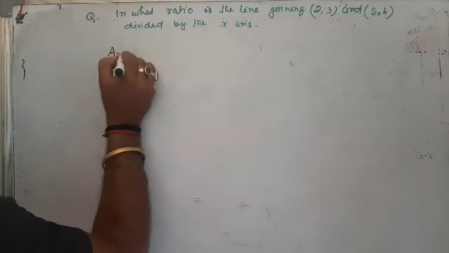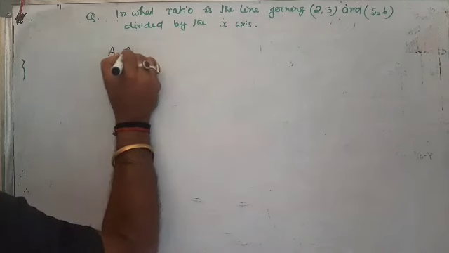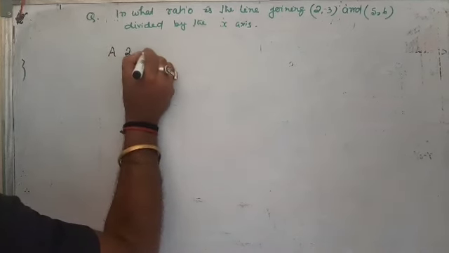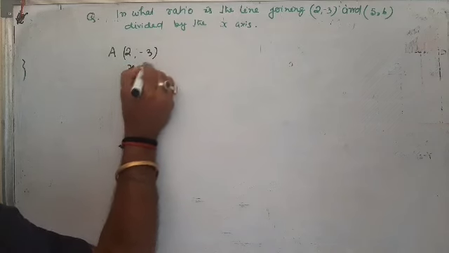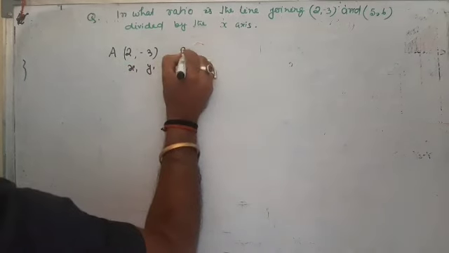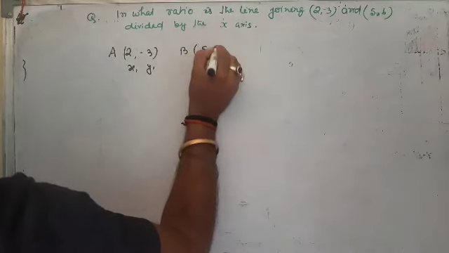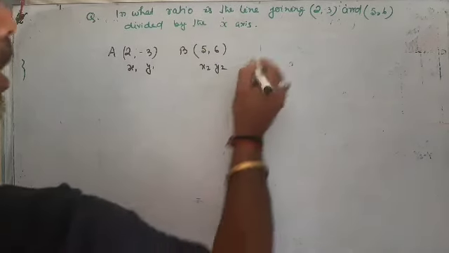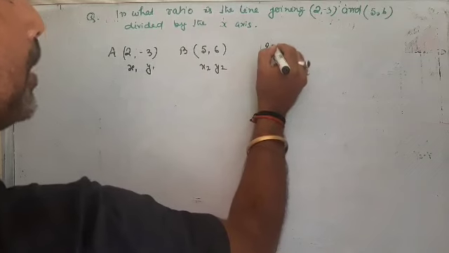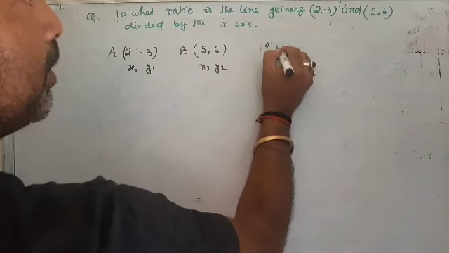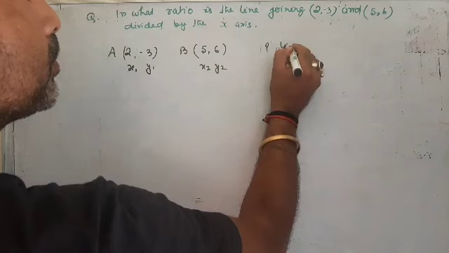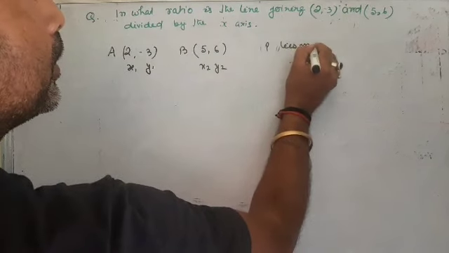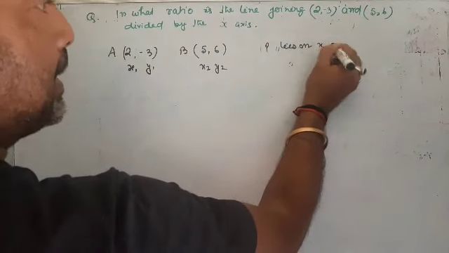So here you write A is given (2, -3). That means it is your x1 and y1. B is (5, 6), that means your x2 and y2. Suppose the point P lies on the x-axis.